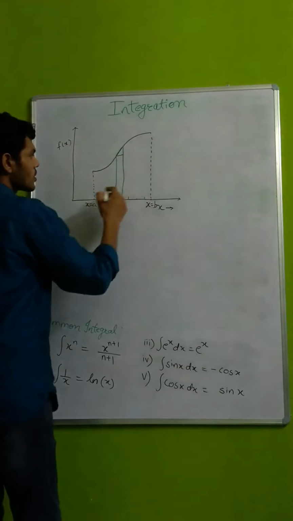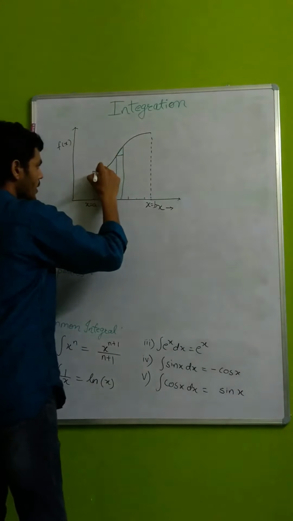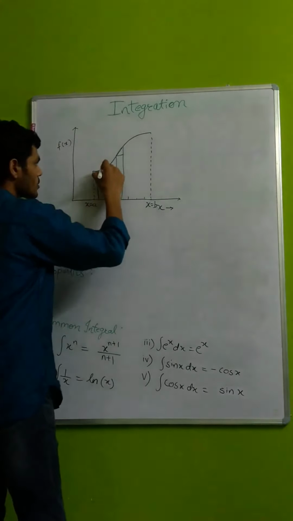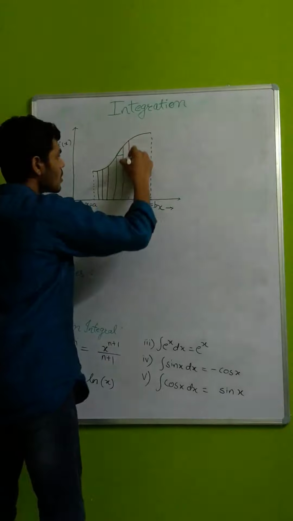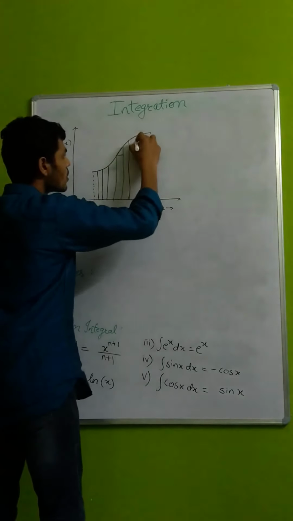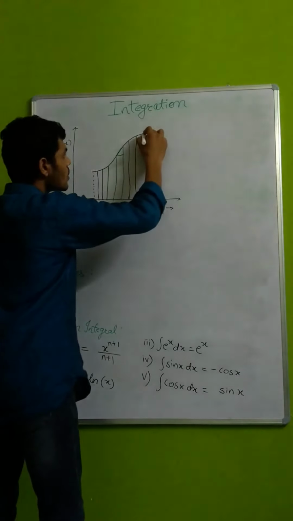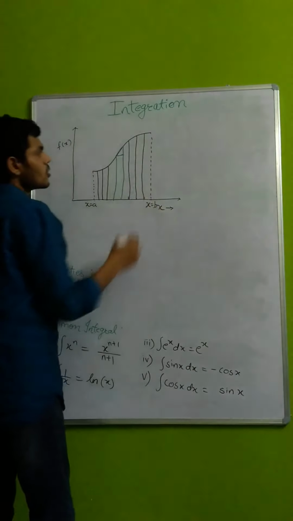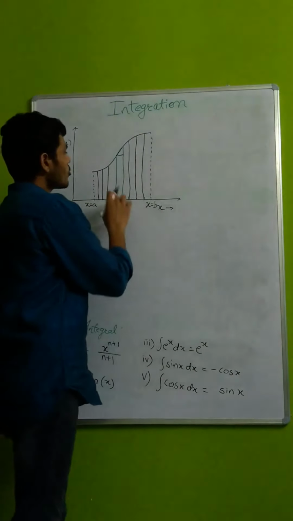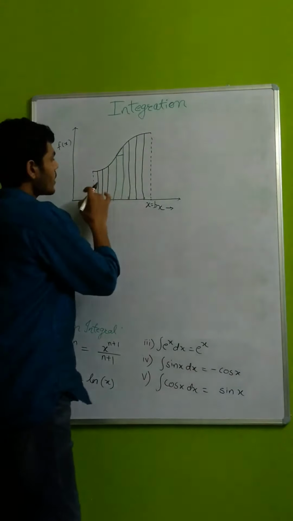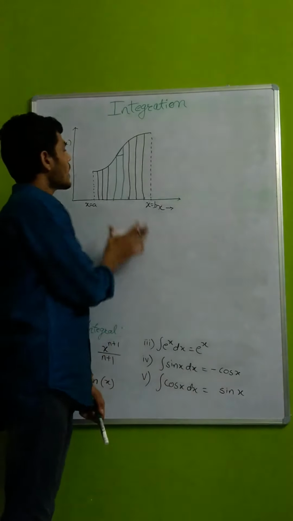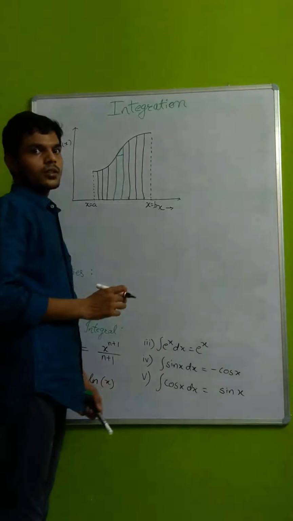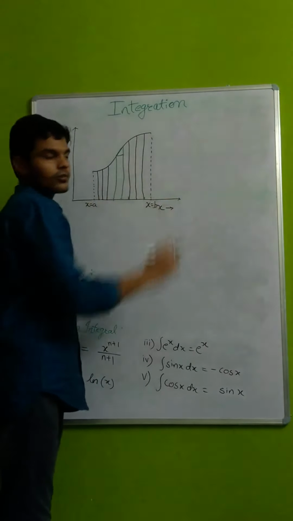Now we divide this curve in infinitely small rectangles like this. So if we can find area of one rectangle, then we can find area of infinite rectangles, and by integrating, that means by adding all the area of rectangles, we get area under the curve.